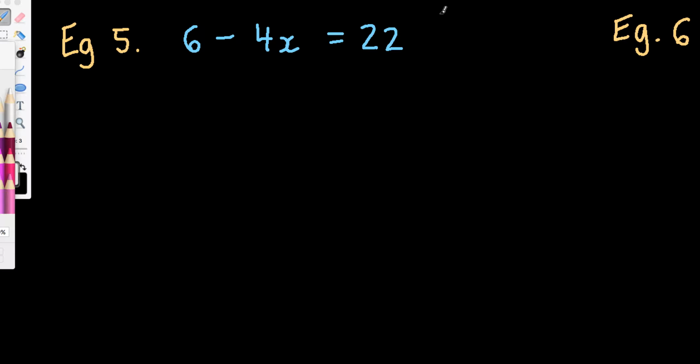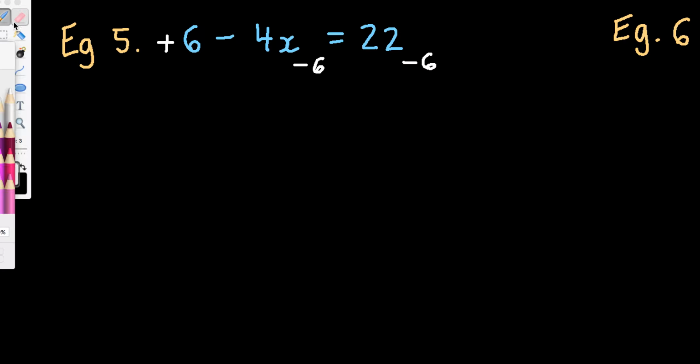Well, we do exactly what we normally do. I recognise that this number is a positive 6. Now I'm just writing that there to show you why I do what I'm about to do. Since this is a positive 6 here, it's like saying adding 6. And so I'm going to take away that 6 to start off with.